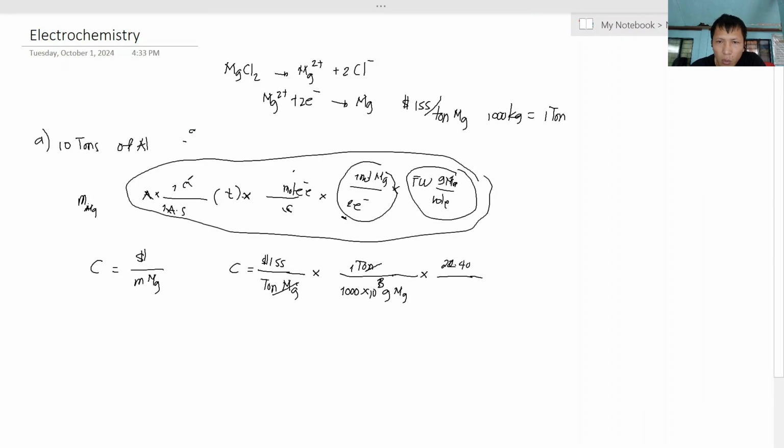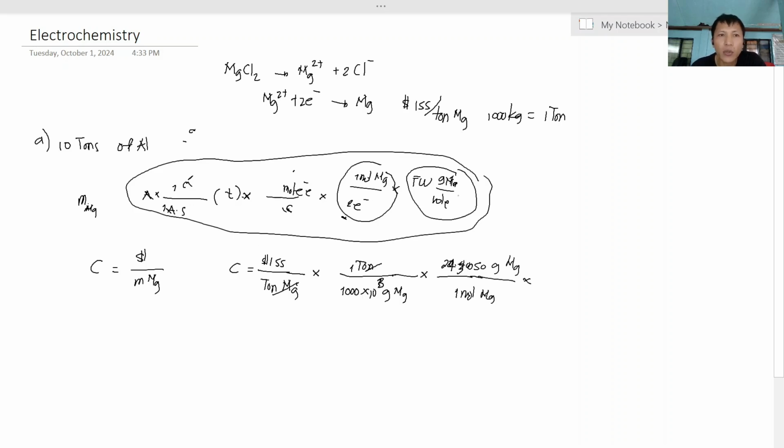So this should be 24.3050 grams of magnesium per 1 mole of magnesium. Then we can now use this one because it changes only up to here.